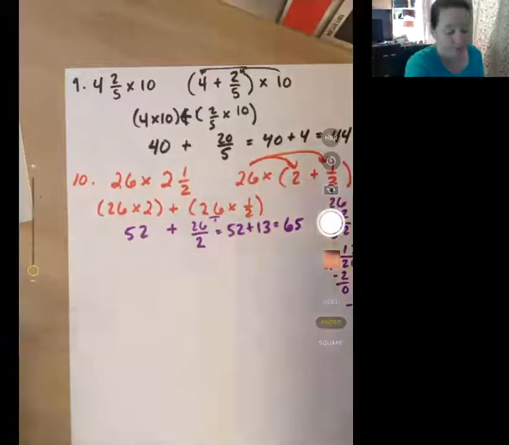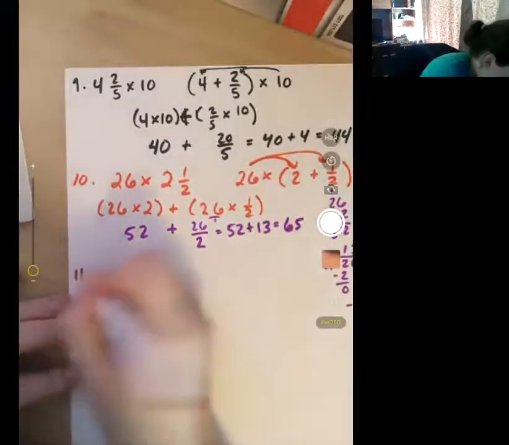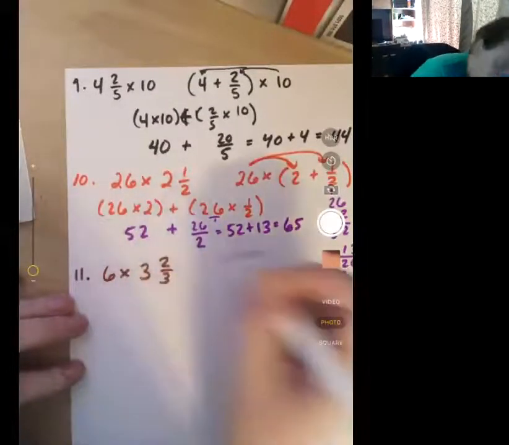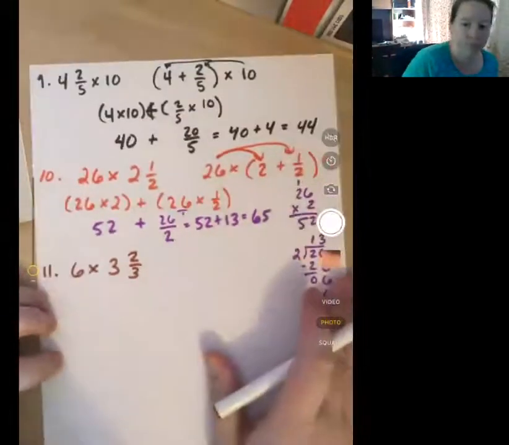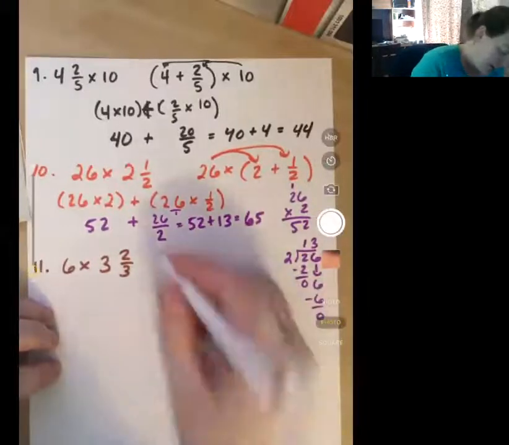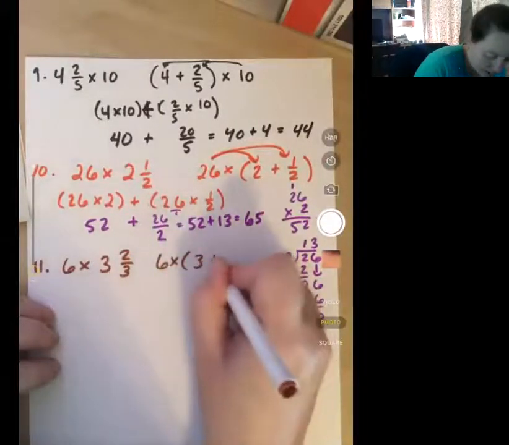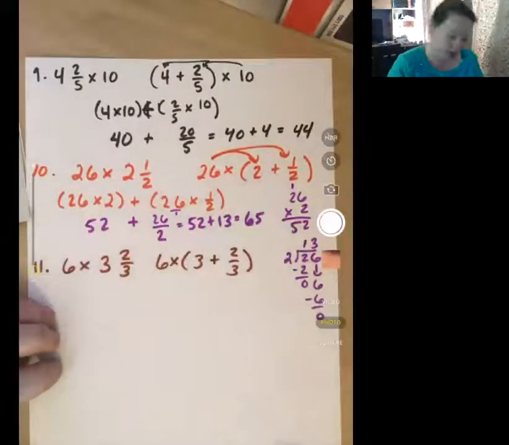Number 11. 6 times 3 2/3. So I'm going to write it as my distribution problem. 6 times 3 plus 2/3. See, we just separated them out, that's all.